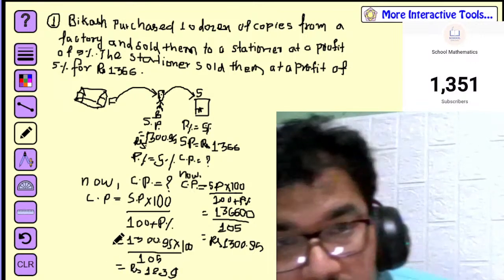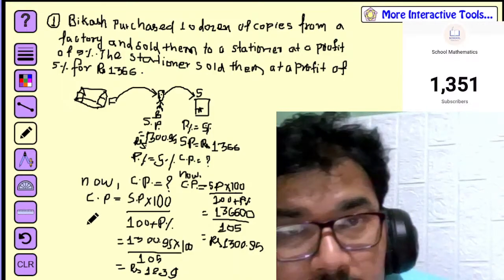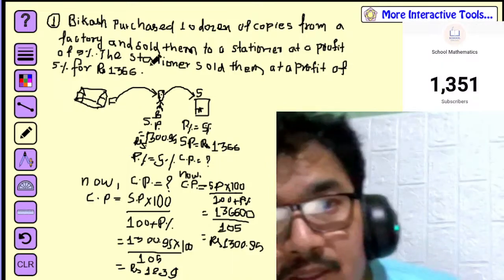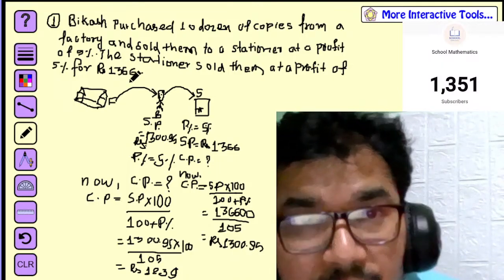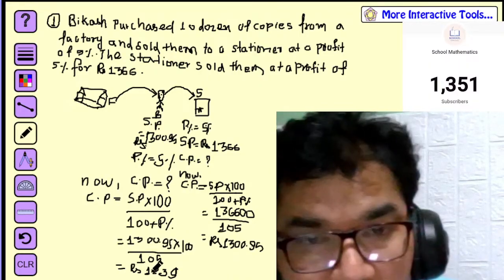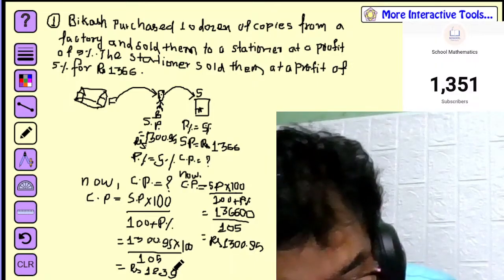And this is the cost price for Bikash, that he has bought these 10 dozen copies from the factory by paying 1239 rupees only, okay, clear?